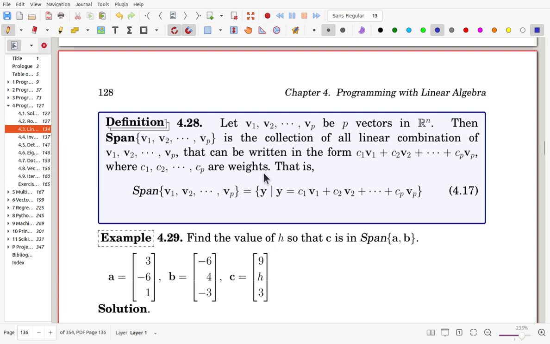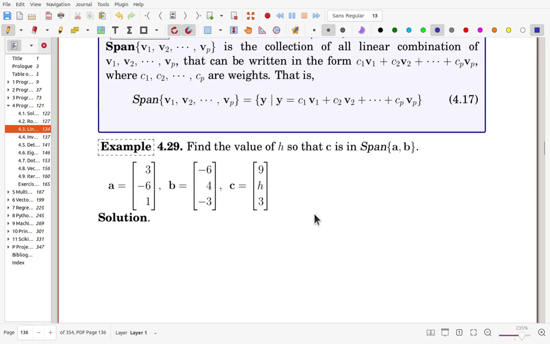That can be written in the form of a linear combination, so we write it this way: the span of these vectors is just the collection of every possible linear combination. Okay, that is a span.